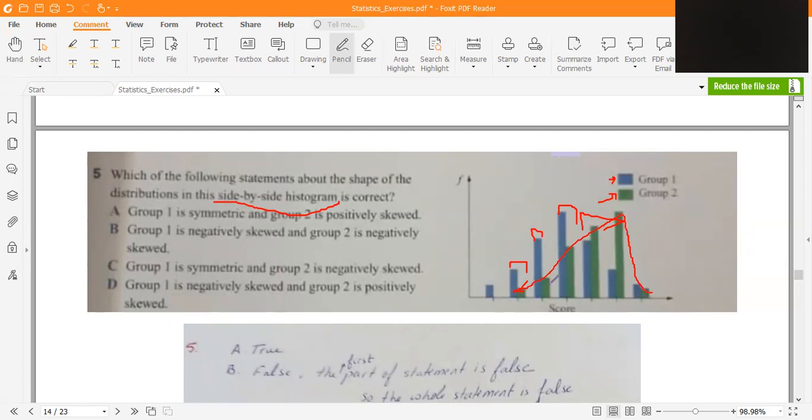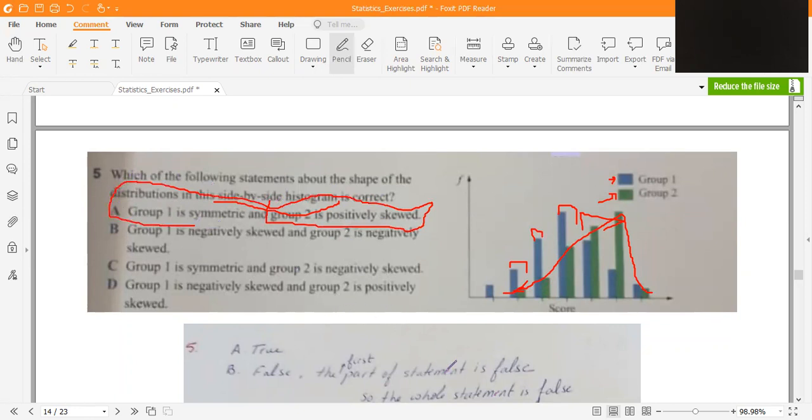Okay, we obtain it in this form. We have a tail from the left, so it is negatively skewed. When the second part of statement A is false, the whole statement is false.